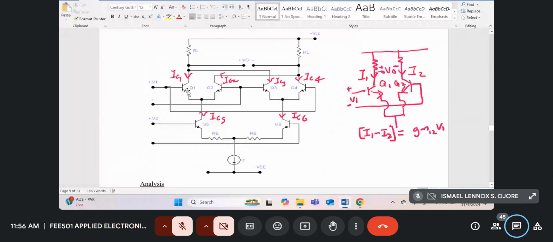Now this is our Q1 in a Gilbert multiplier. This is a Q1, this is a Q2. Now if you look at this differential amplifier formed by Q1 and Q2, it's identical to this one, our general differential amplifier.